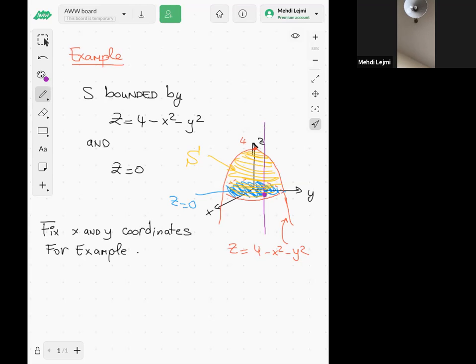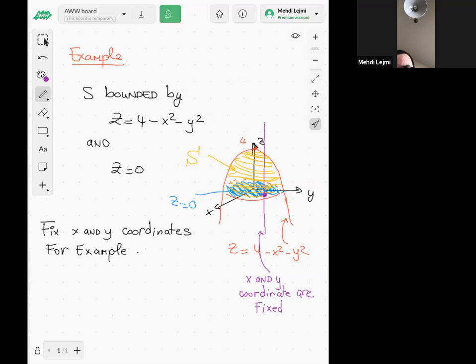this vertical line. For this vertical line, the x and y coordinates are fixed, because the only thing that varies is the height.